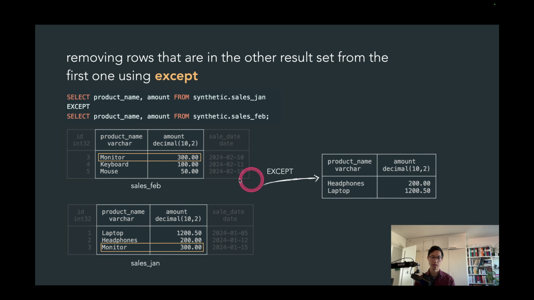So except, and the monitor row has disappeared. It has disappeared because it exists in the second result set, and it exists in the first result set, so it's kind of a set minus operator.